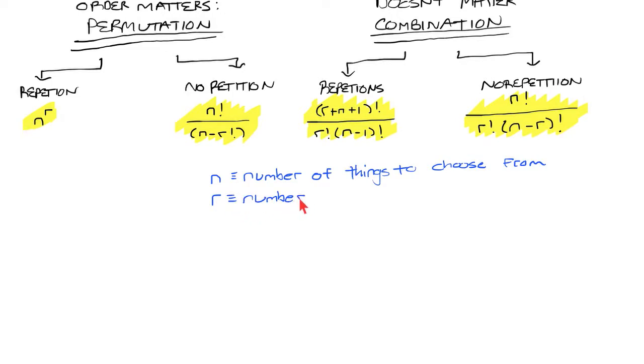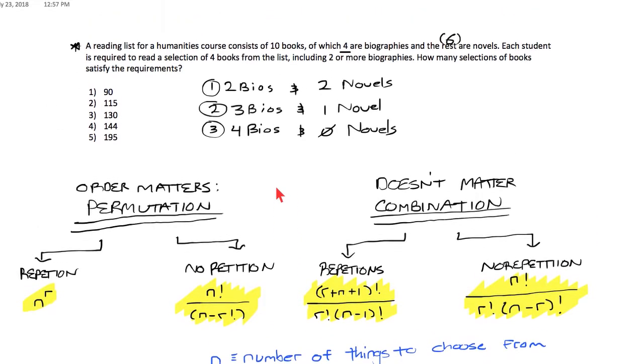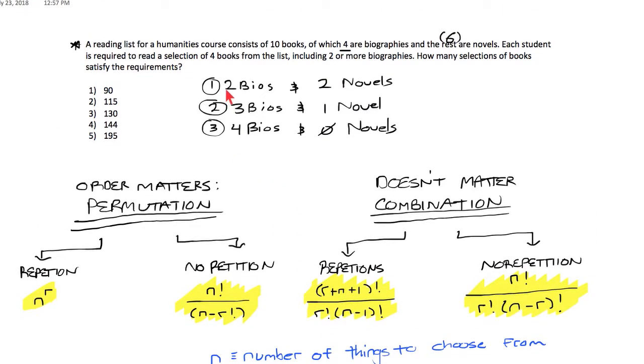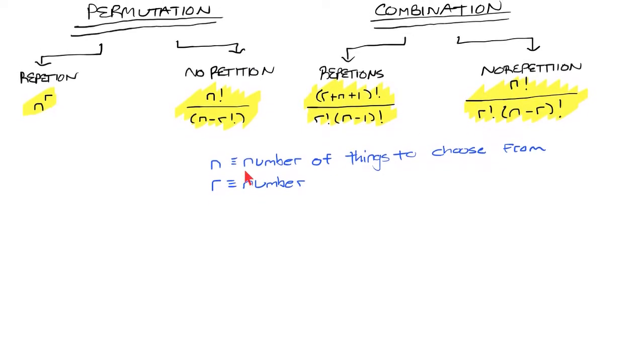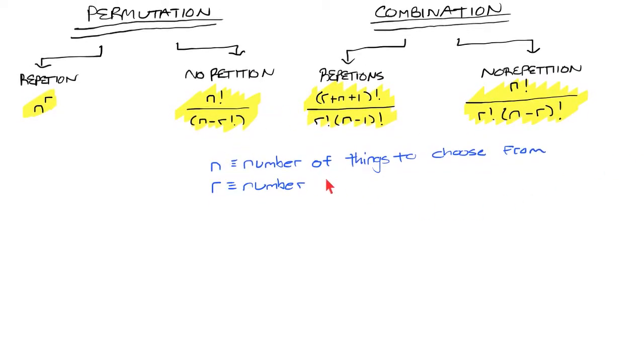In one situation, we're going to pick 2 out of 4, so R will be equal to 2. So there's n, the number of things you choose from, and R, the number of things we pick out of those. And if you're not familiar with it, the factorial symbol is not a variable. This is defined as the factorial function.